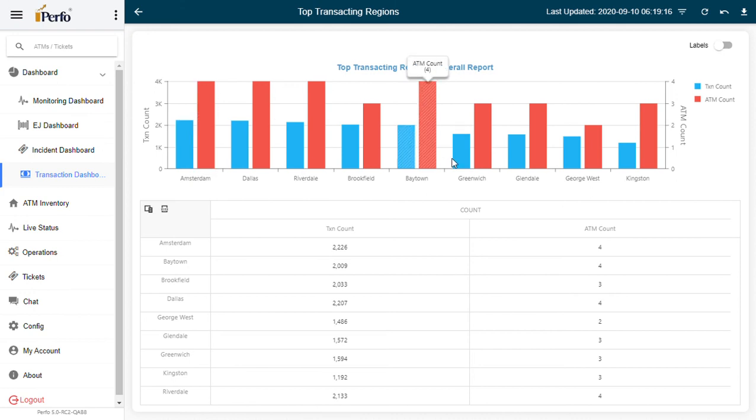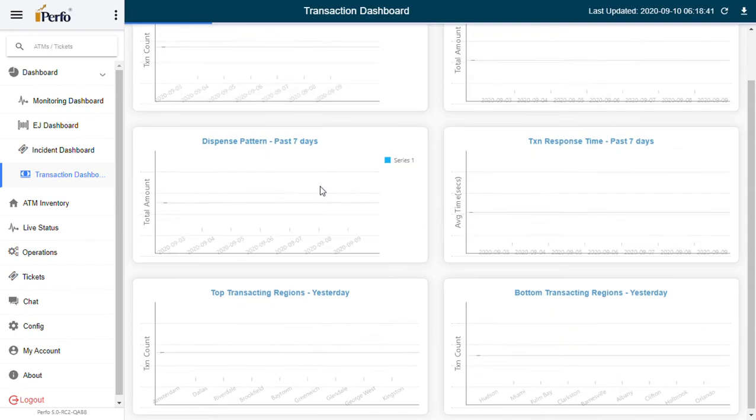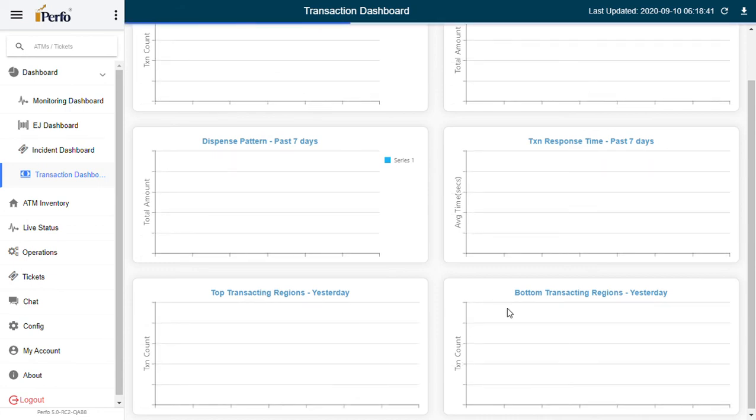Hence, there are other regions where there are fewer transactions, but you have provisioned more ATMs there, right? So you could relocate some of those underutilized ATMs from those places to the areas where you actually need the ATMs. So you could do capacity planning with this kind of data analytics that we have in Perfo.